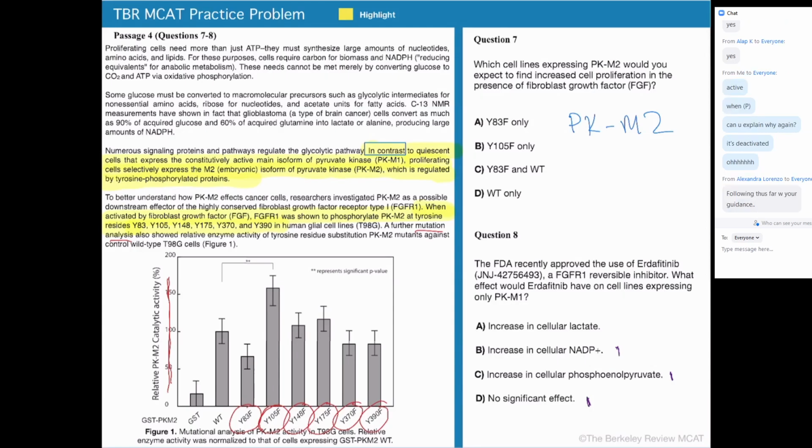So let's go through these answer choices, right? What is this saying? Which cell lines expressing PKM2 would you expect to find an increase in cell proliferation in the presence of fibroblast growth factor. Okay. So which ones do you think are going to have an increased cell proliferation?